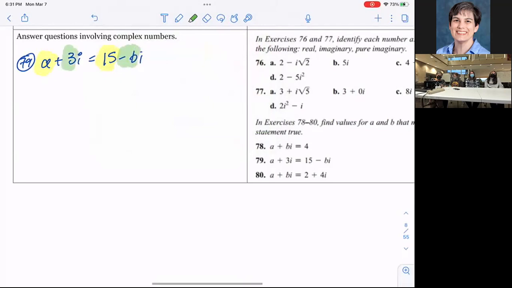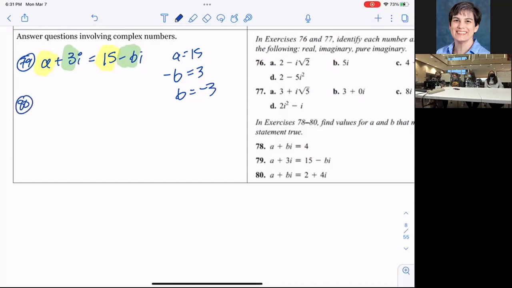So a equals 15, and negative b equals 3, so b equals negative 3. That is the best way to accomplish both 79 and 80.